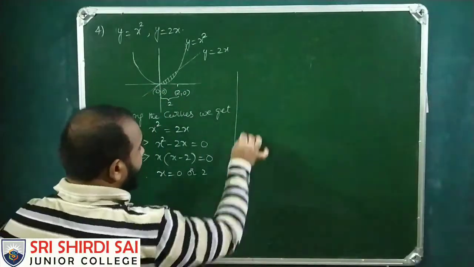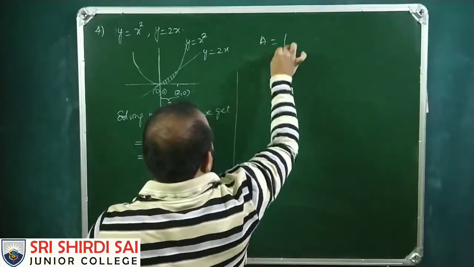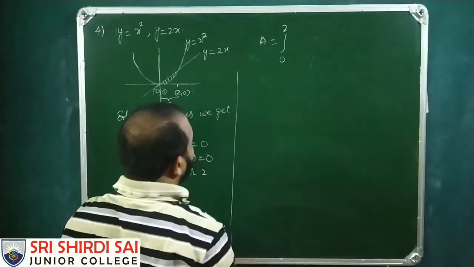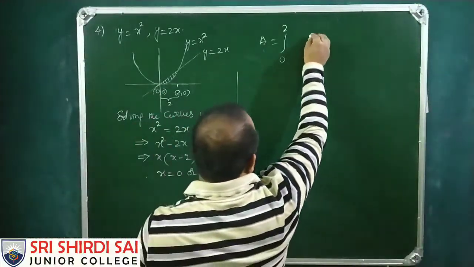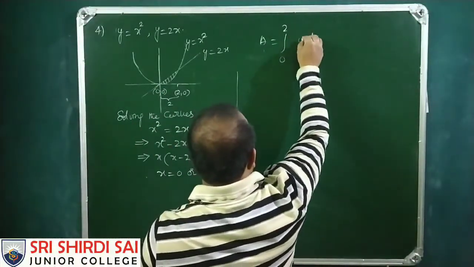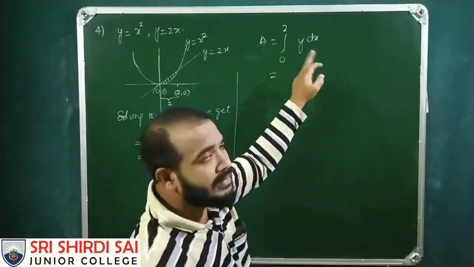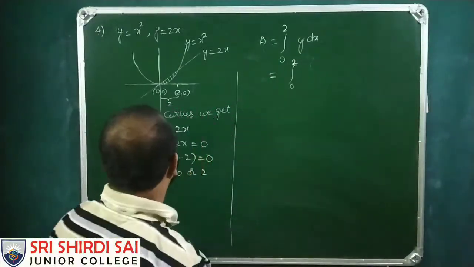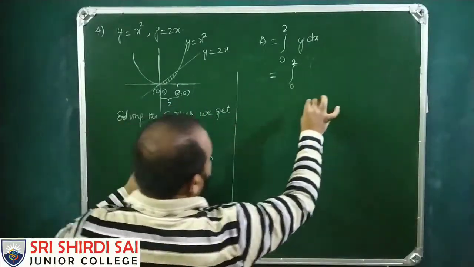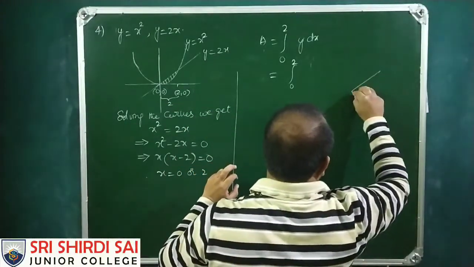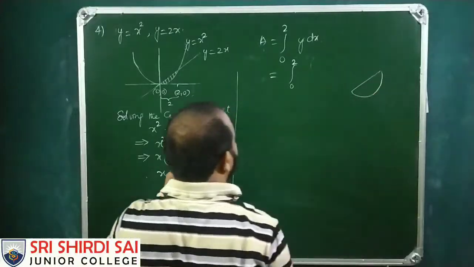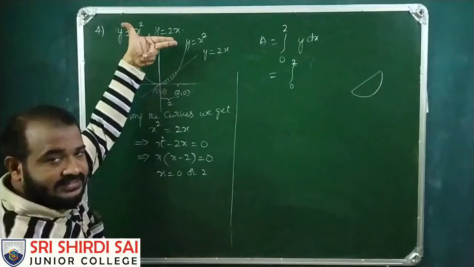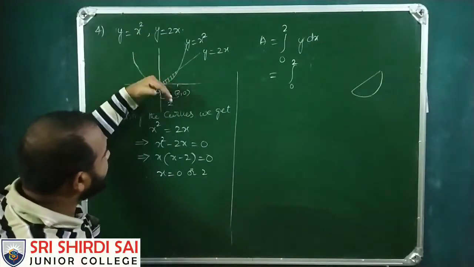Therefore, area is equal to the integral from 0 to 2, the limits of x, of y dx. y is ultimately a function of x only. So from 0 to 2, here if you see, this line is above the x-axis.